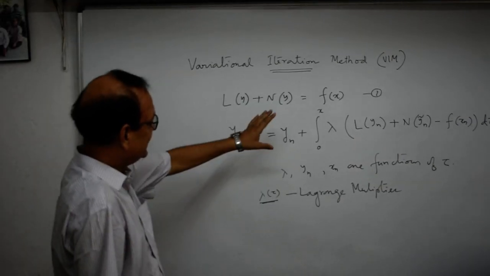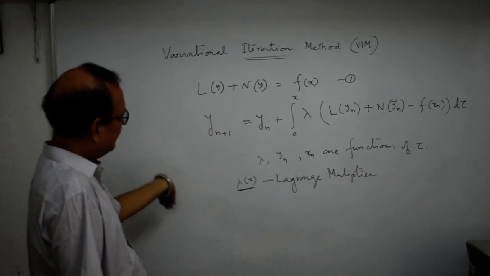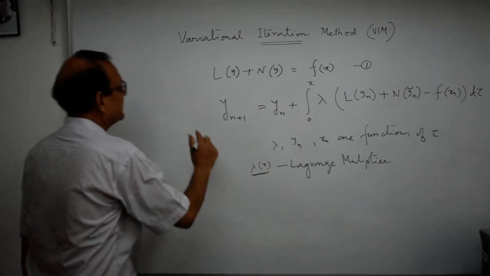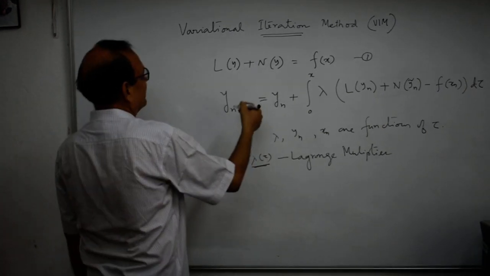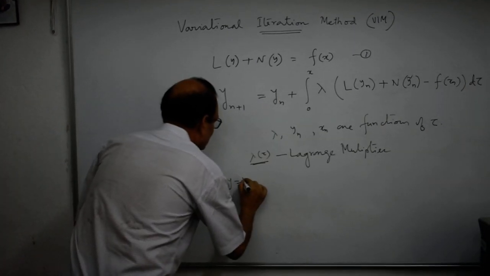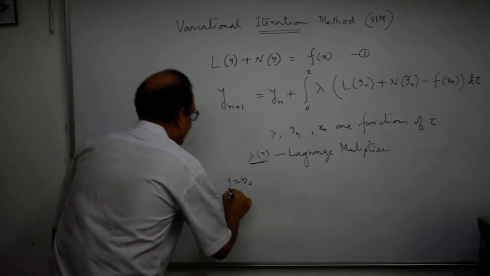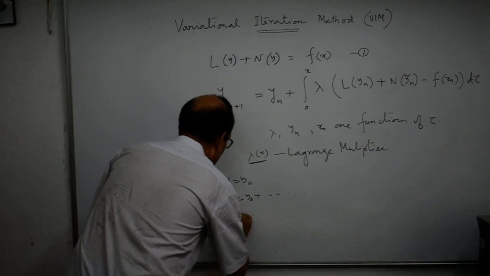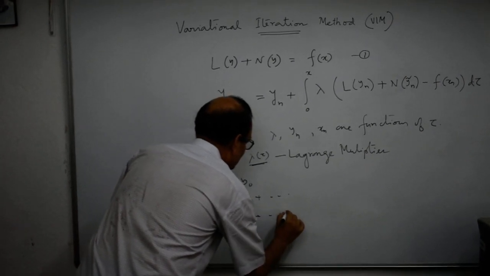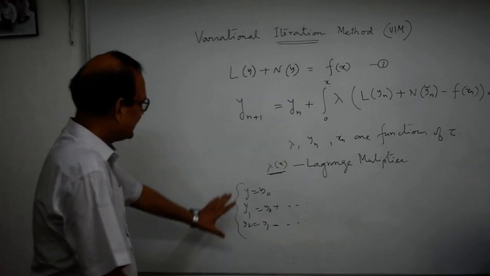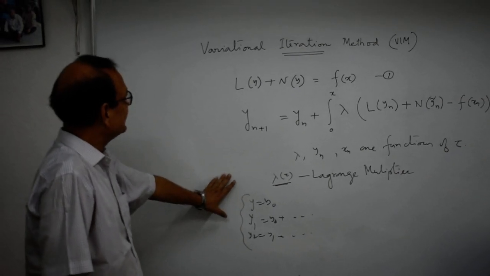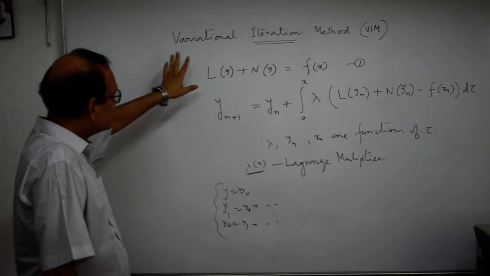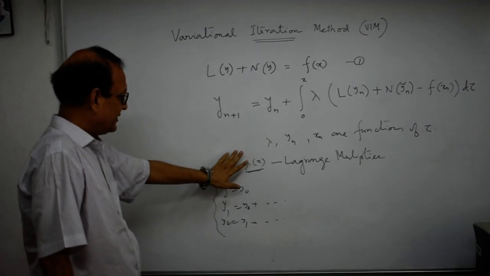Then from this particular relation, after putting the value of lambda, we start with y equal to y0. Then we find y1 equal to y0 plus so on, y2 equal to y1 plus so on. So this is the iterative scheme. That's why this is an iteration method, and we use some variational technique to find the lambda.